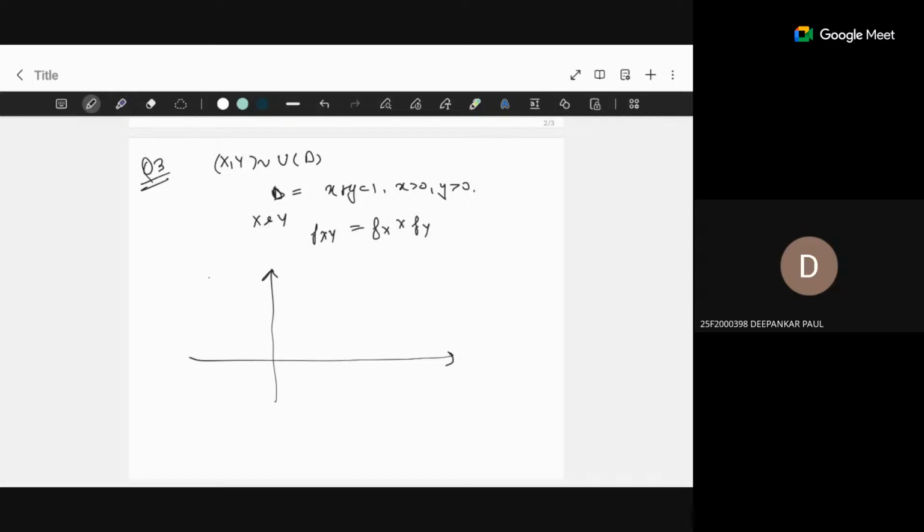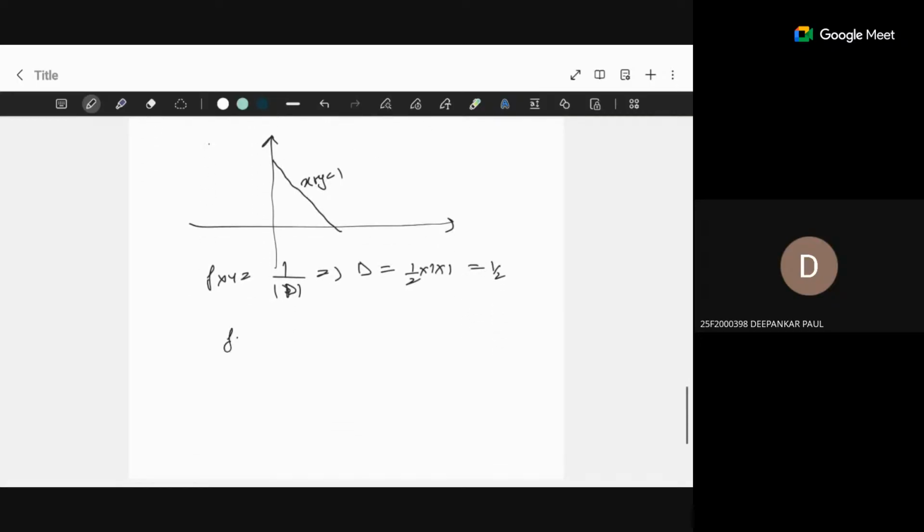So this is my x plus y equals 1. Now my f(x,y) would be 1 upon mod of D, where my D is 1 by 2 into 1 into 1, which is 1 by 2, correct?